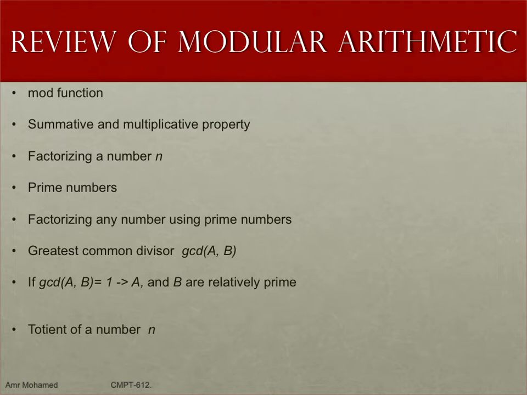We need to represent n in terms of the multiplication of any set of numbers. So this means that we are factorizing n. Bear with me, because we'll use that later on.